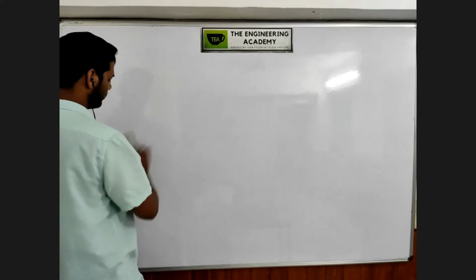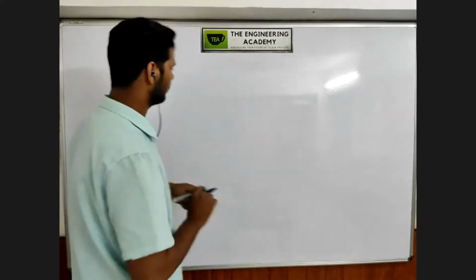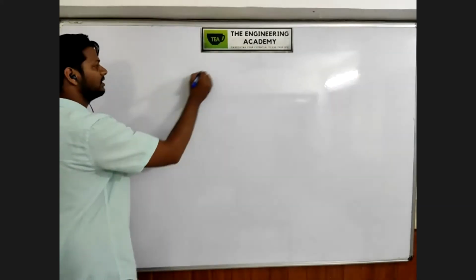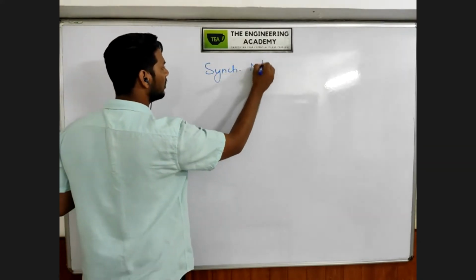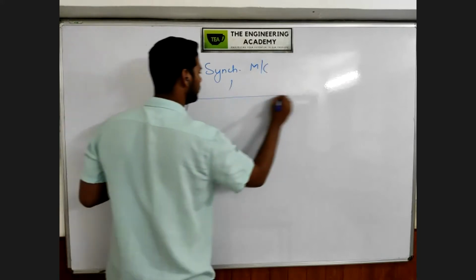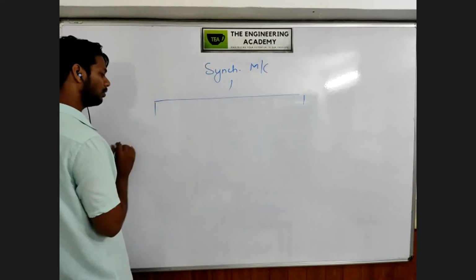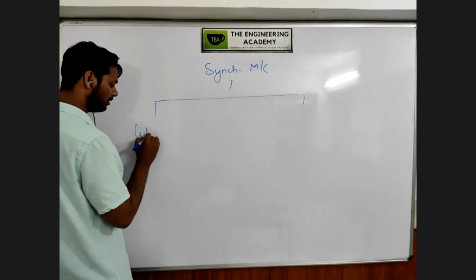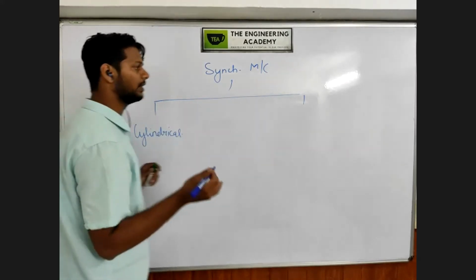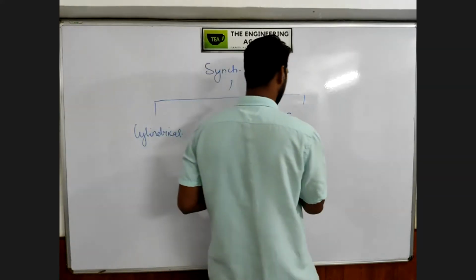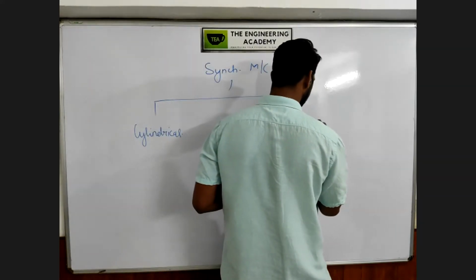Okay, listen. Synchronous machines are of two types, differentiated on the basis of the rotor: cylindrical and salient.